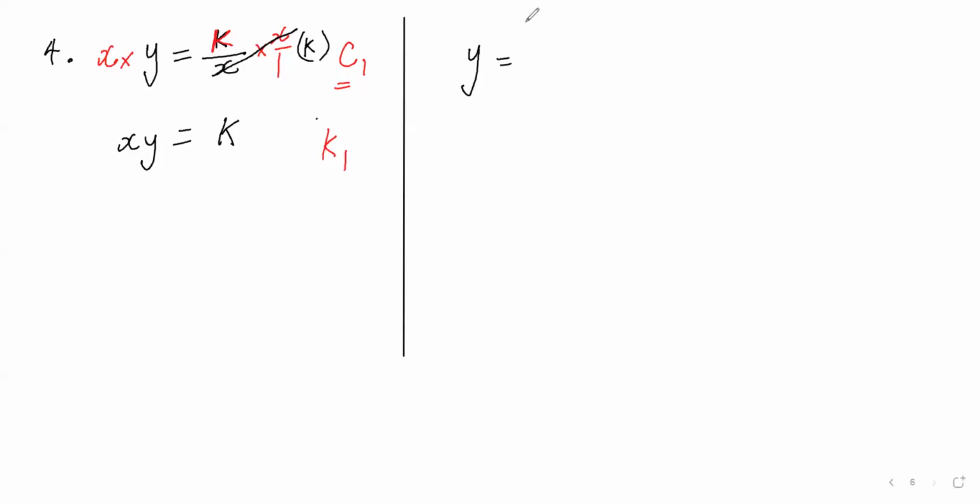So y is equal to k over x. And this time we're finding for x. Everybody, what am I finding for? For x, sir. Okay, Nicholas, we are finding for x.